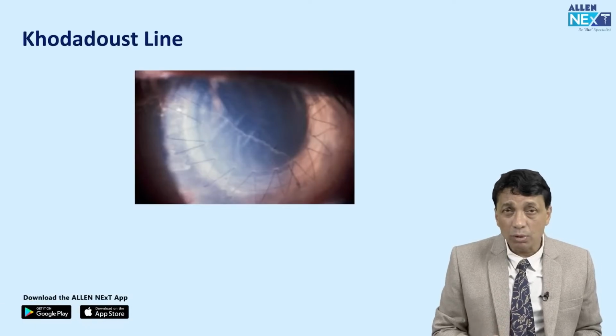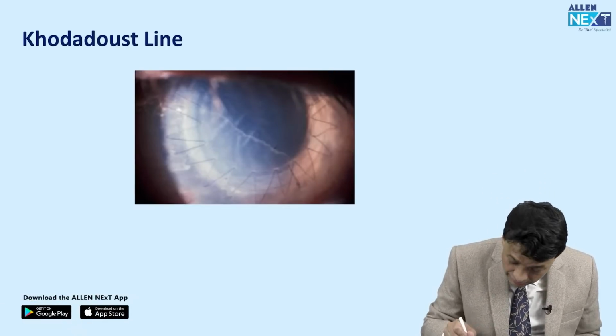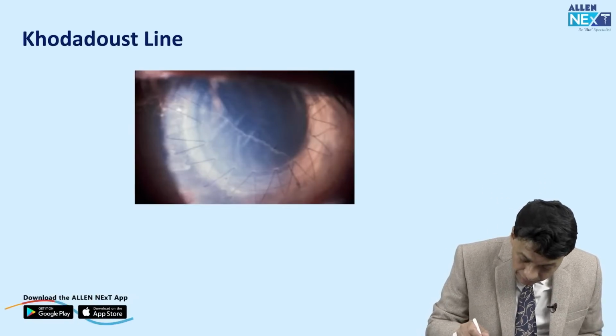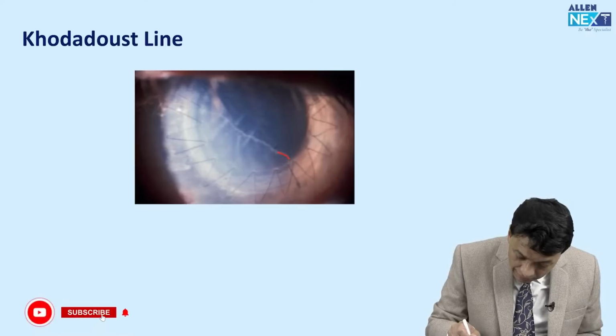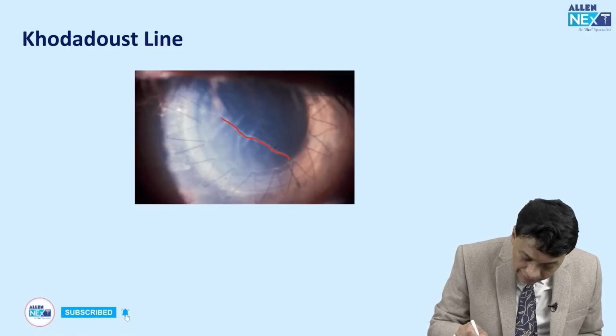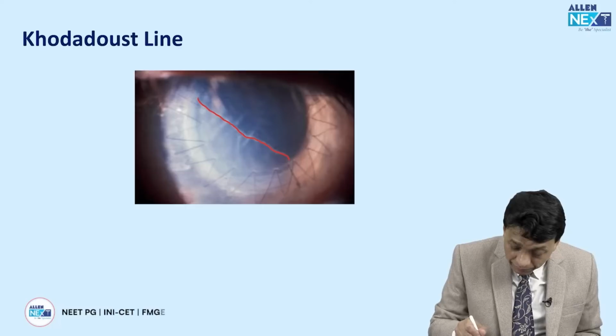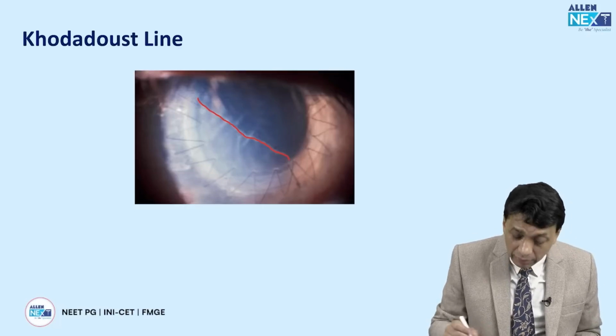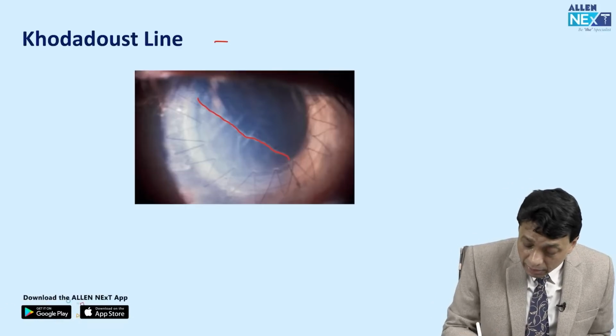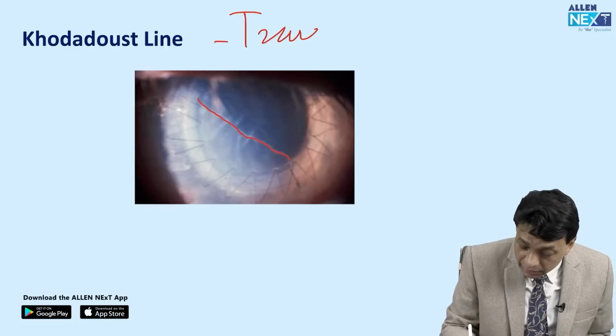Then the next is an important line called the Khodadoust line. Can you all see this line? Look at my pointer. This Khodadoust line is a line which is seen in a graft. You can see a corneal keratoplasty here. When you have it, it tells you about corneal transplant rejection.